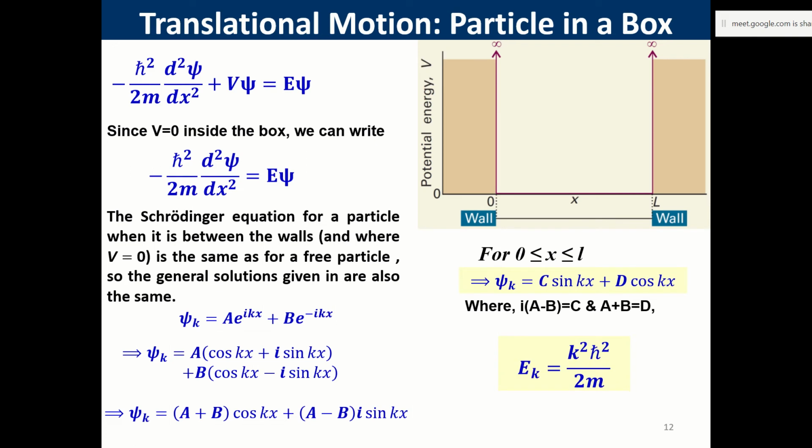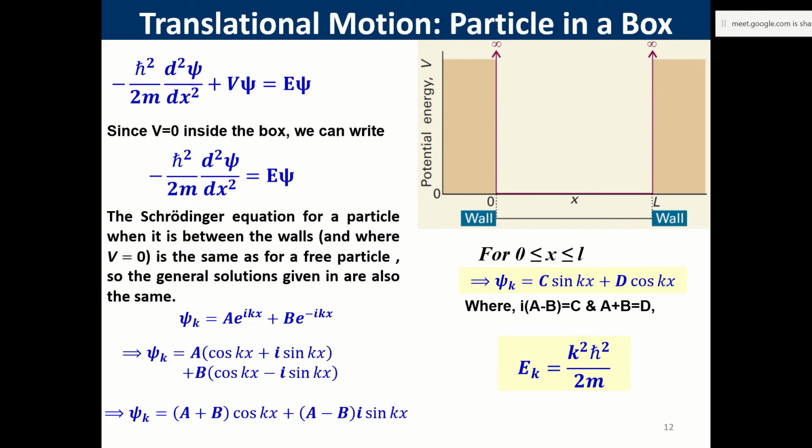And as we have seen, an important conclusion in the previous section when we discussed the free motion was that to show a net movement, it is essential for the function to be complex. It must have some imaginary component with i.